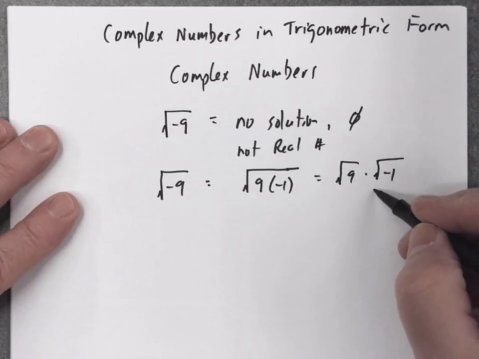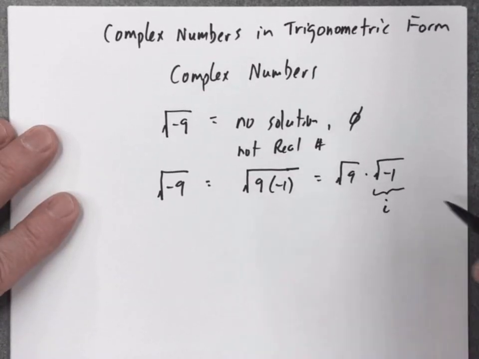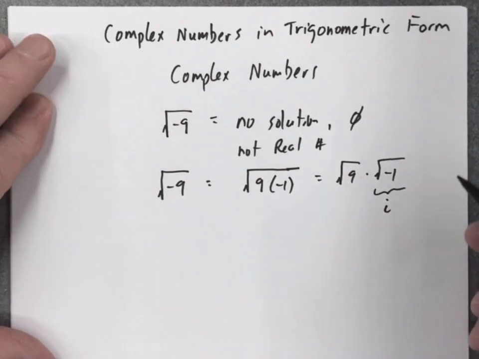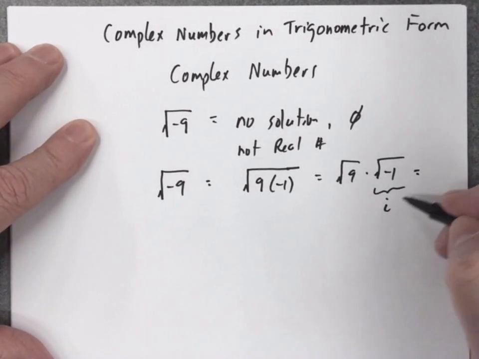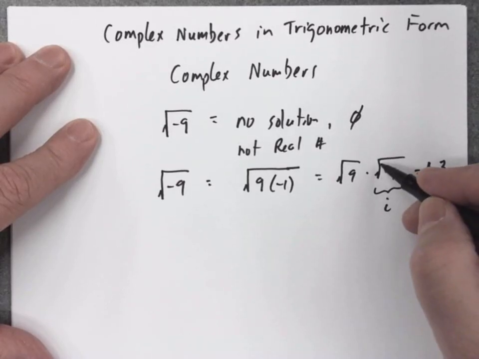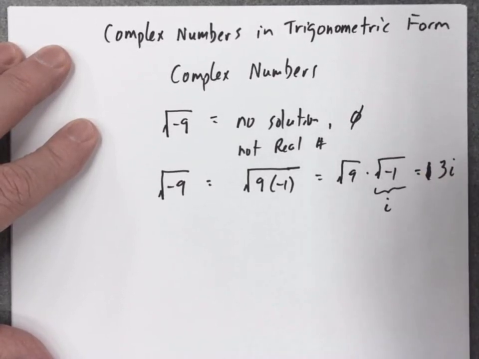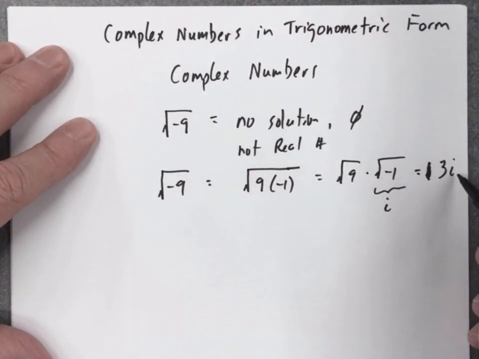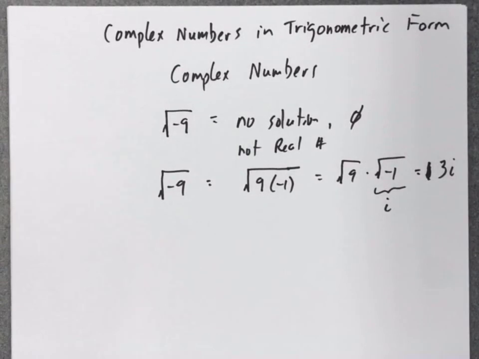They introduced the imaginary unit, indicated by the letter i. So the square root of 9 is 3, and the square root of -1 is i. So now we say the square root of -9 is 3i. And this is called a complex number. I'm sure you remember that.